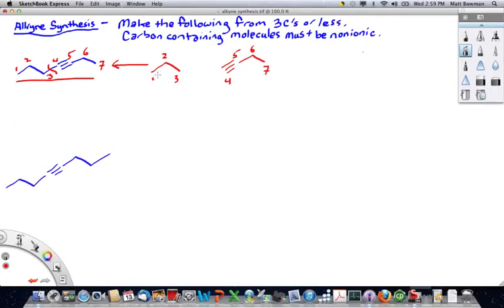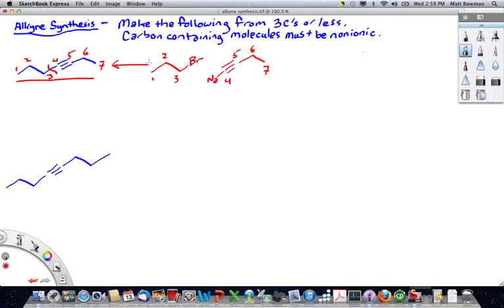Now, the carbon on the left, the sp3 side of that split, gets the leaving group because this reaction is an SN2 reaction. The sp side, on the other hand, gets a sodium because that is the nucleophile.